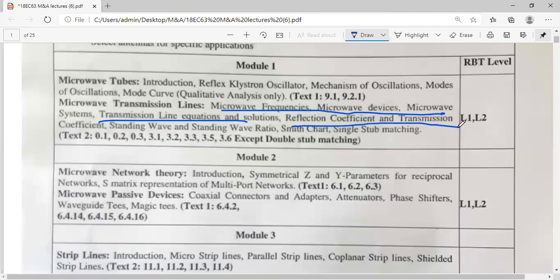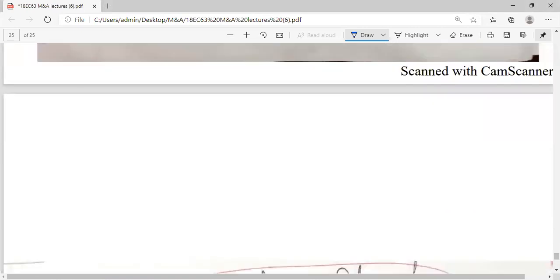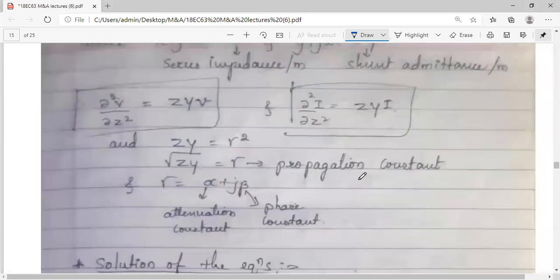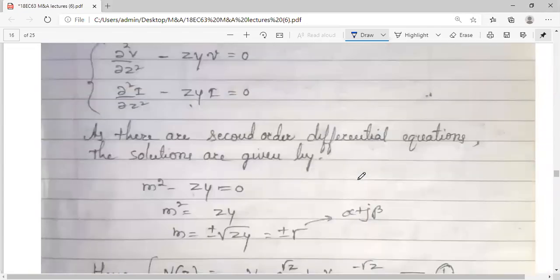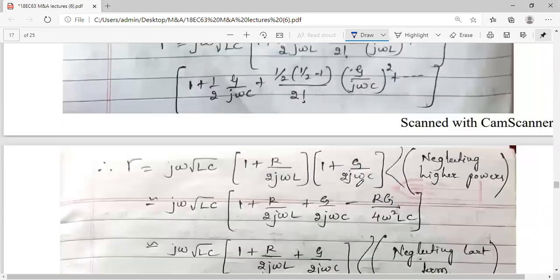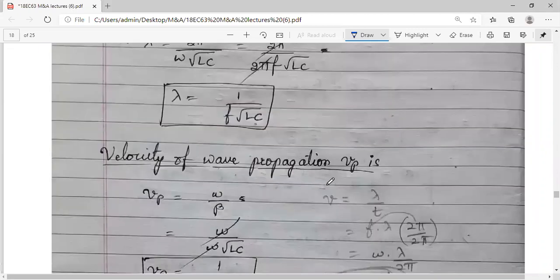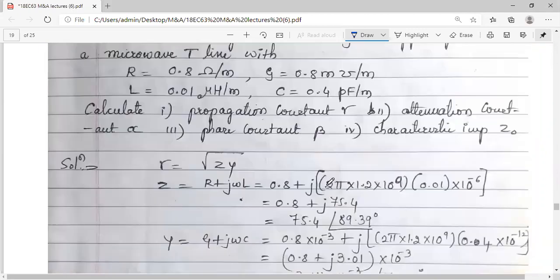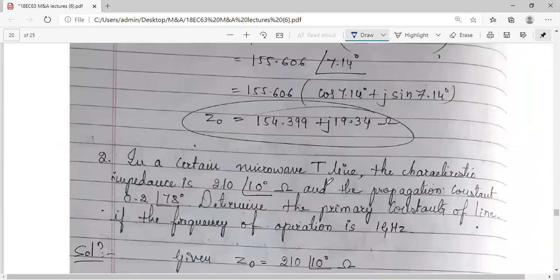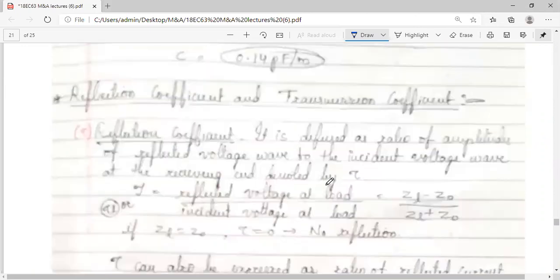Now we are here, reflection and transmission coefficient. So in today's class, let us discuss the transmission coefficient and reflection coefficient.